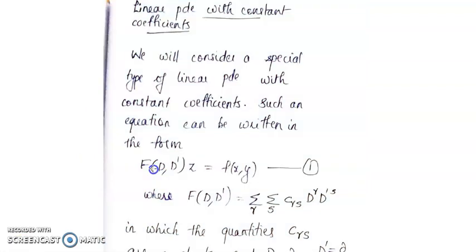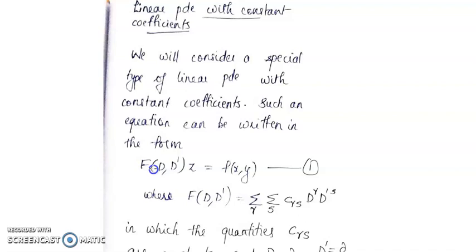When you write a linear ODE with constant coefficients, we represent the derivative terms using D. Now d by dx is an operator, so you represent it as capital D. When you come to the partial differential equation, if z is the dependent variable and x and y are independent variables, you will have derivatives with respect to x and y.